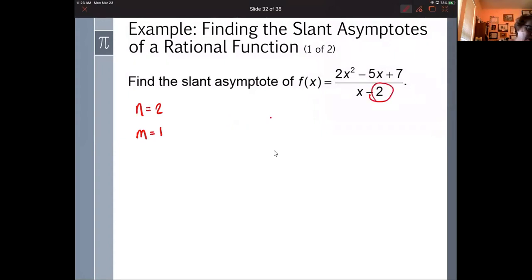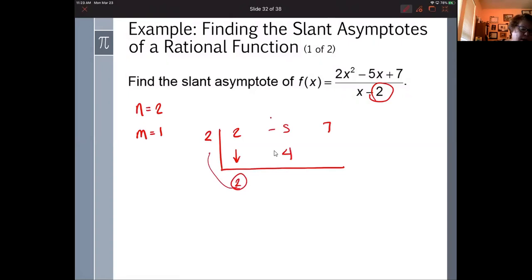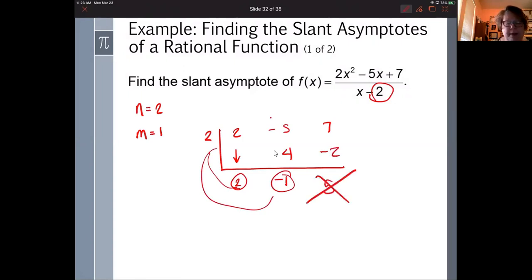So I'm going to set up my synthetic division. I'm going to divide by 2. 2, -5, 7. And then I'm going to bring the 2 straight down. 2 times 2 is 4. Negative 5 plus 4 is negative 1. Negative 1 times 2 is negative 2. 7 plus negative 2 is 5. All right, so I don't really care about the remainder.